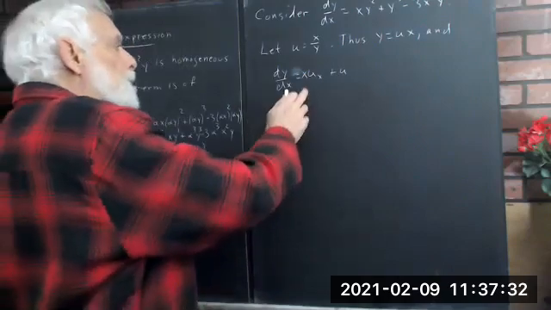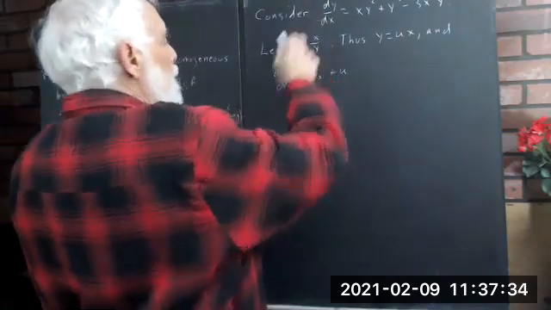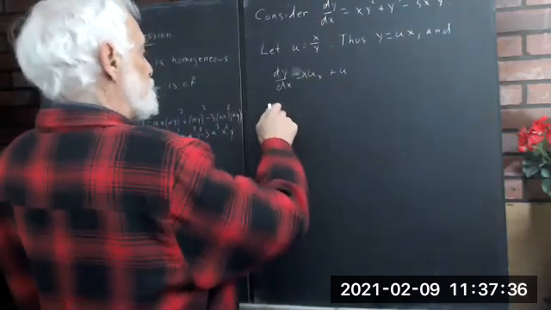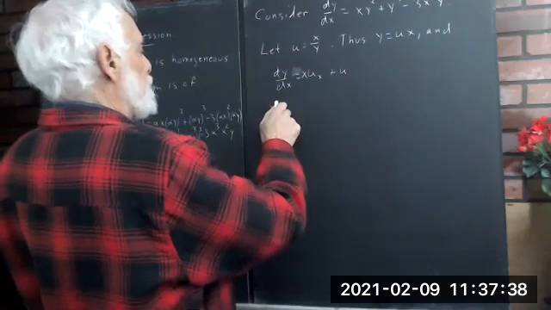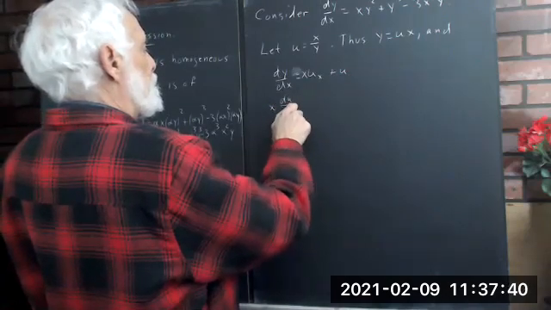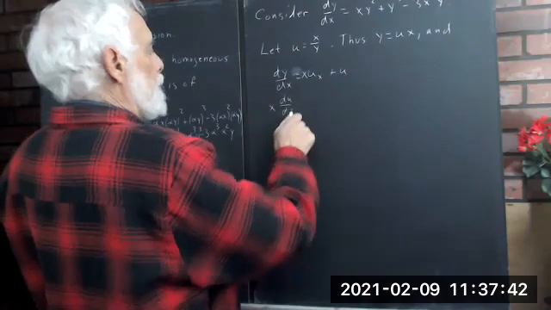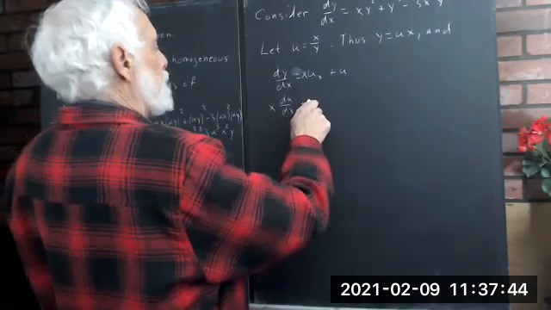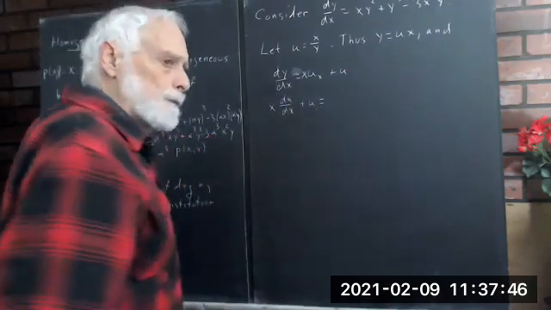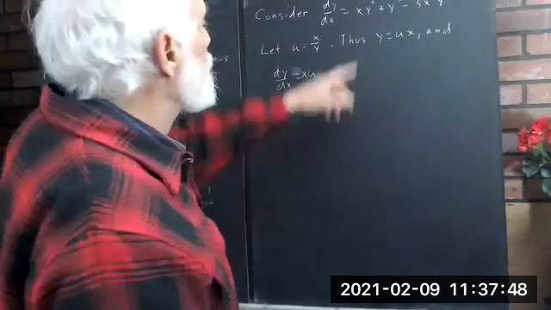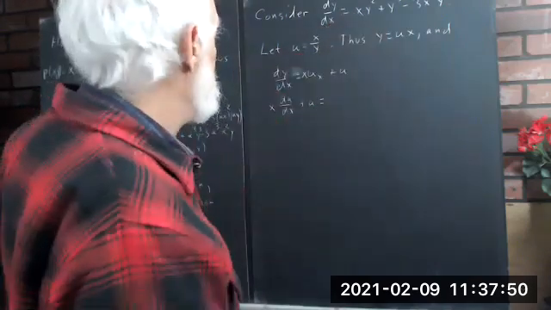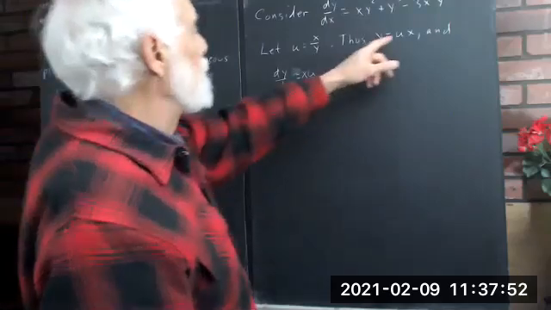Well, now if we substitute this in for dy/dx, we get x du/dx plus u equals what? x y squared, but y equals ux.